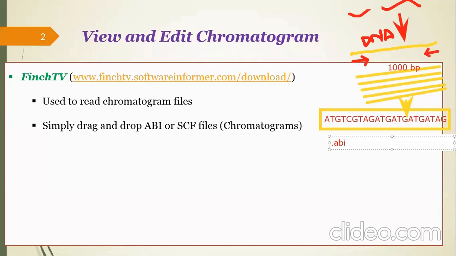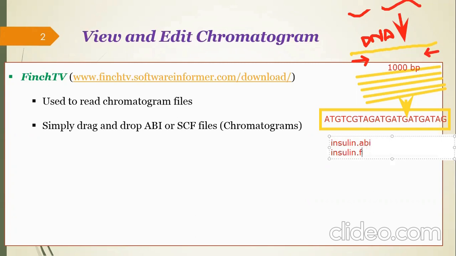Like if they name it insulin, so insulin.abi. This is one file. The other will be an insulin.txt file, or that could be a FASTA file.